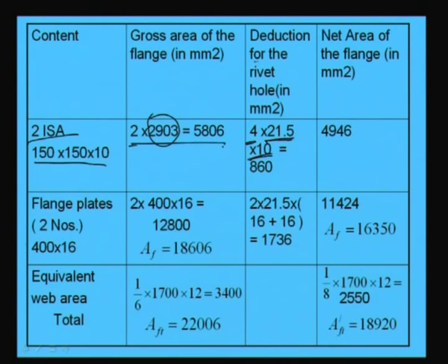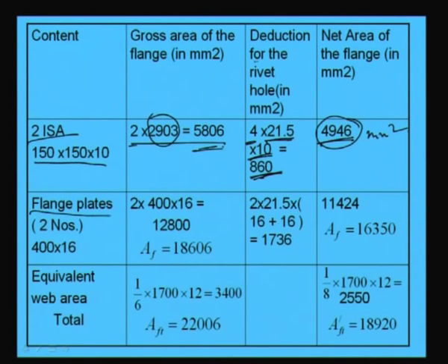So, this is becoming 860 millimeter square. So, finally, the net area of the flange we will be getting as the gross area minus the hole, that is 4946. So, this is how we can find out the net area of the flange. This is in millimeter square.